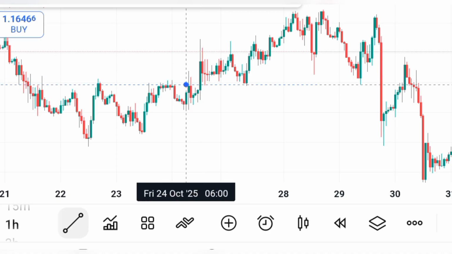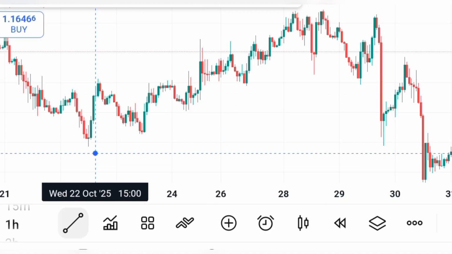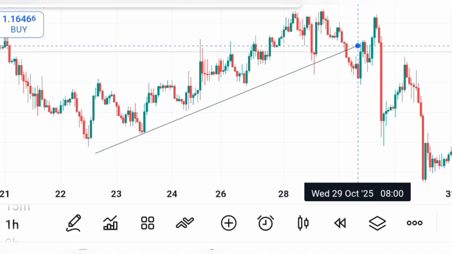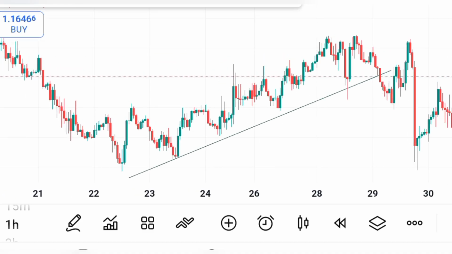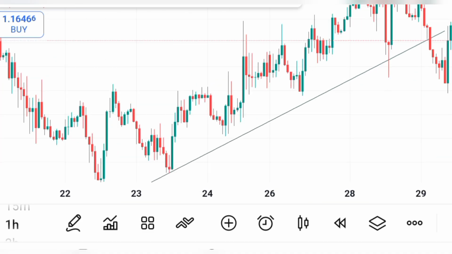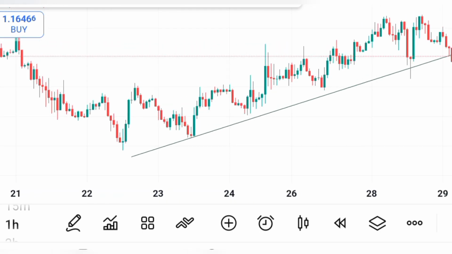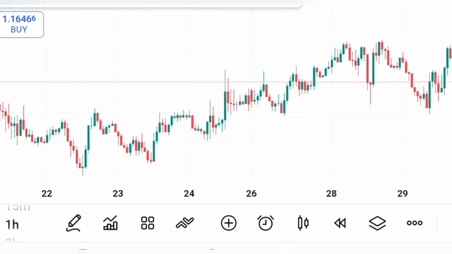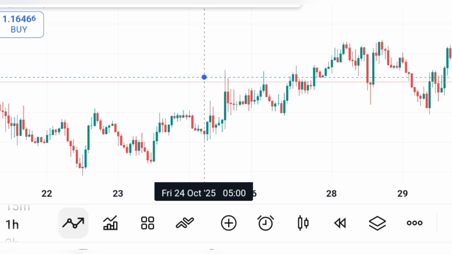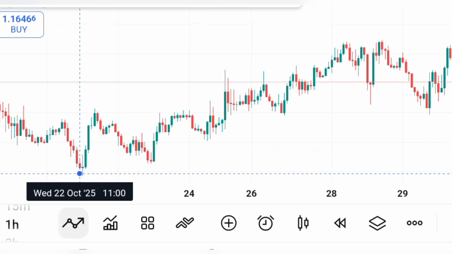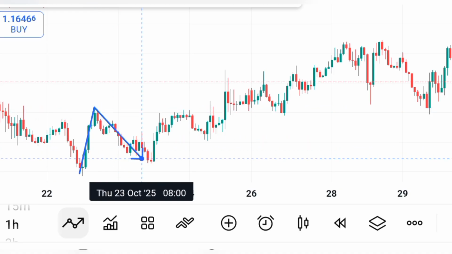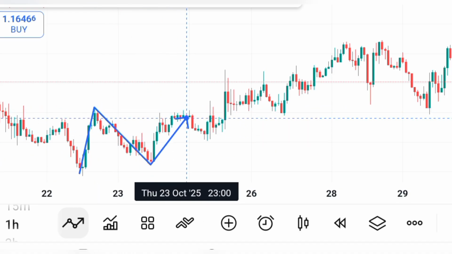When you come here, you can clearly see that when you draw a line, the market was in a bullish trend because of those higher highs and higher lows, right? Now when we start from here, if this was a low, the market came and made that high, came back here and made this low.